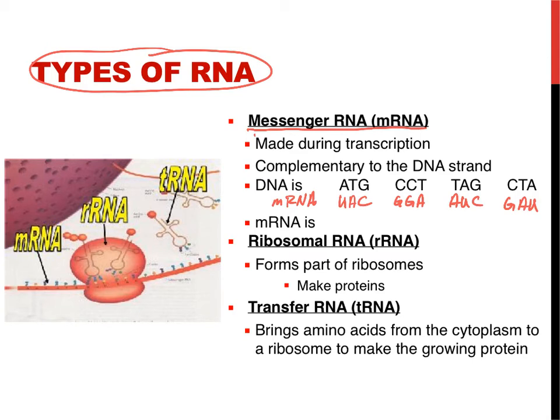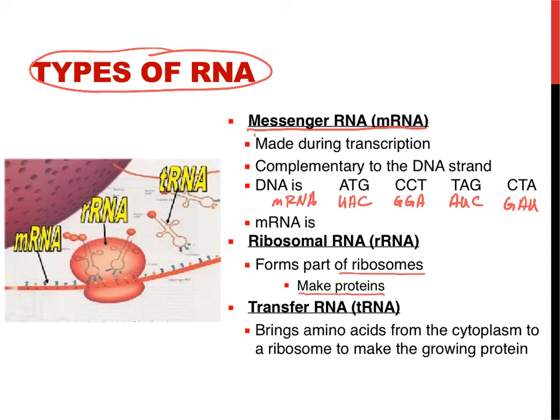Ribosomal RNA, or rRNA, is what forms part of the ribosomes. Remember, ribosomes are the organelle in the cytoplasm, either floating freely in the cytoplasm or bound to rough endoplasmic reticulum, where protein synthesis takes place. This is where proteins are made.